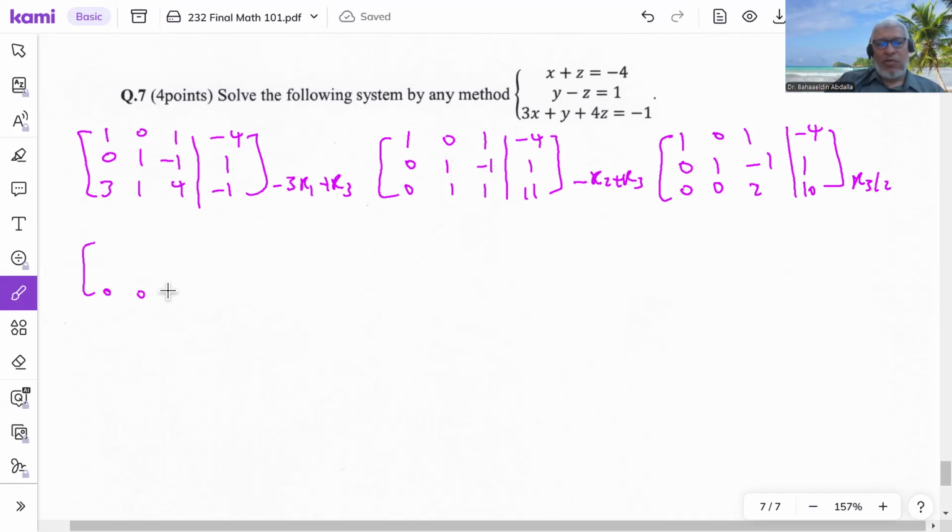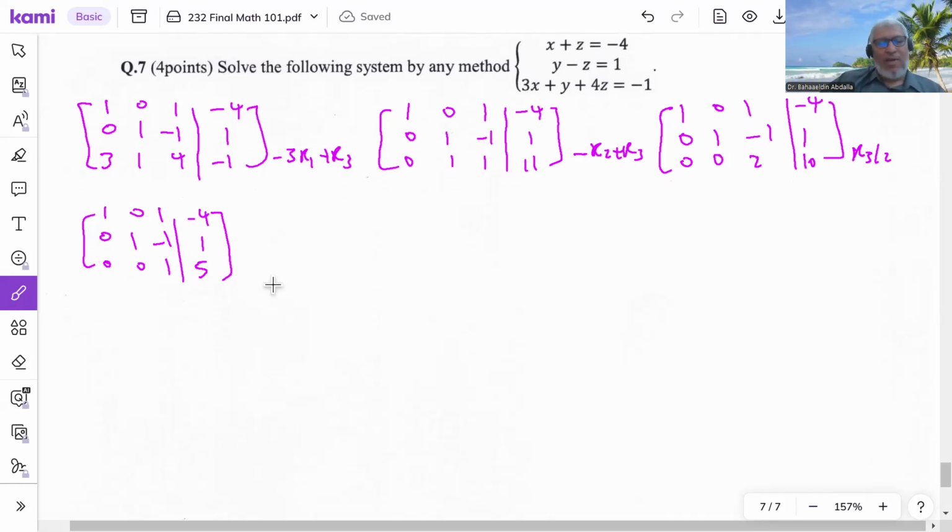So I'll have 0, 0, 1, and 5, and the other rows without change. You can use Gauss and stop here, but I'll use Gauss and Jordan and make these numbers zero. So R3 plus R2 and negative R3 plus R1.